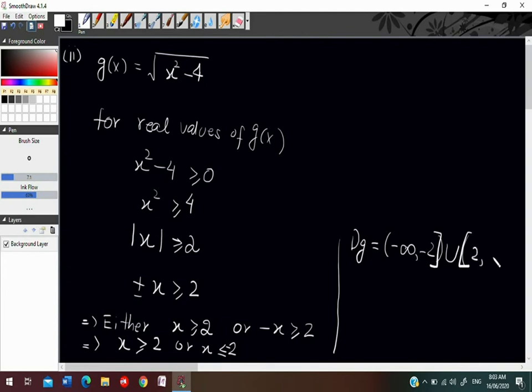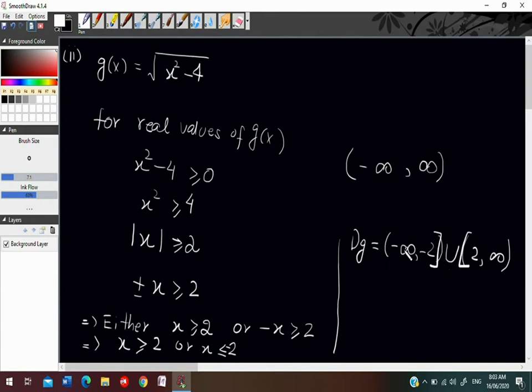Actually, in real numbers we have an open interval from minus infinity to plus infinity, right? And when we eliminate some numbers from our domain, we take from minus infinity to minus 2 union from 2 to positive infinity, and we exclude some points like minus 1, 0 and plus 1.